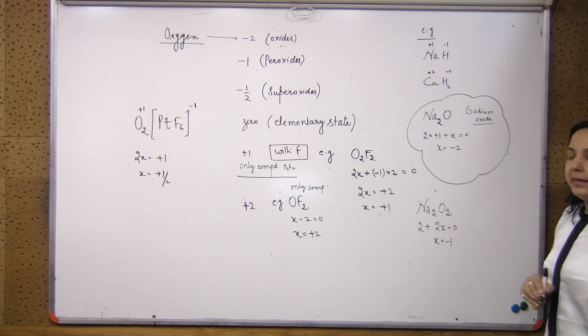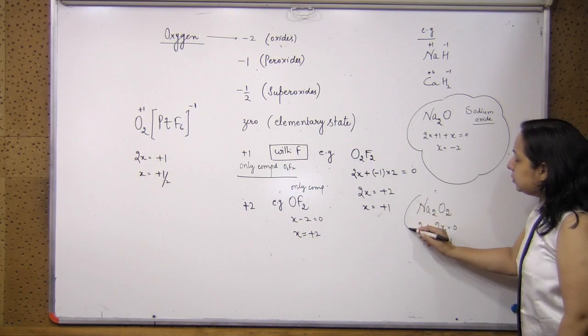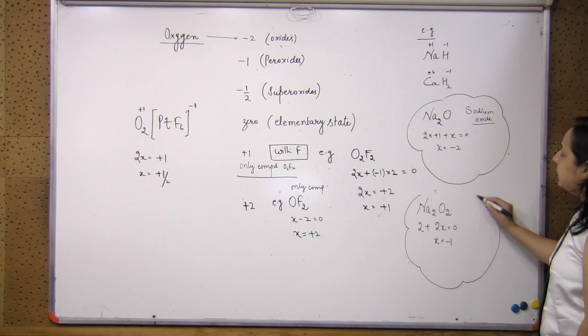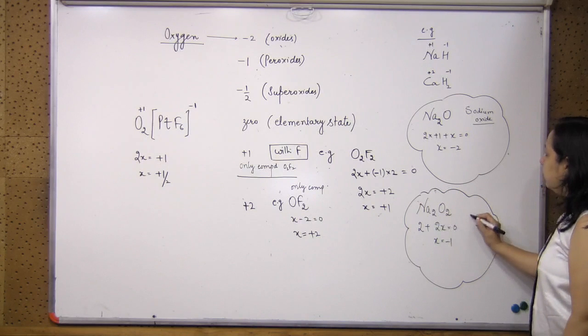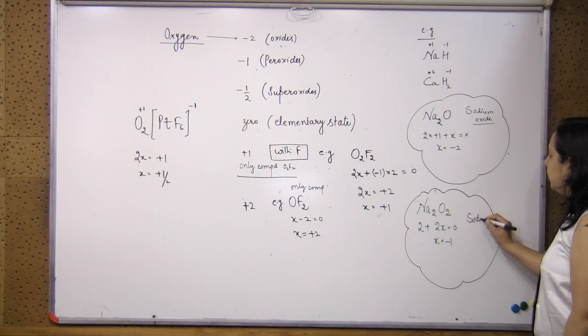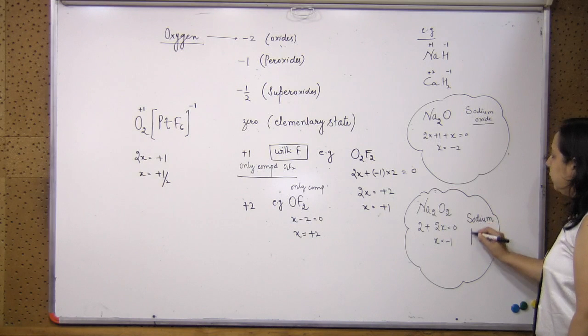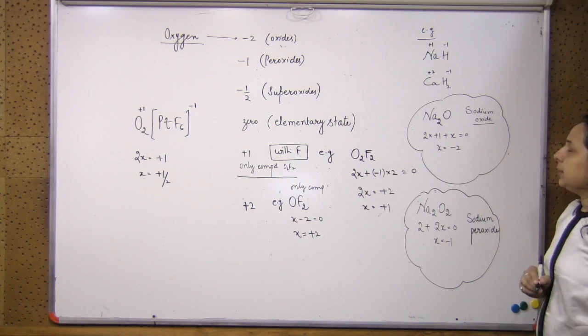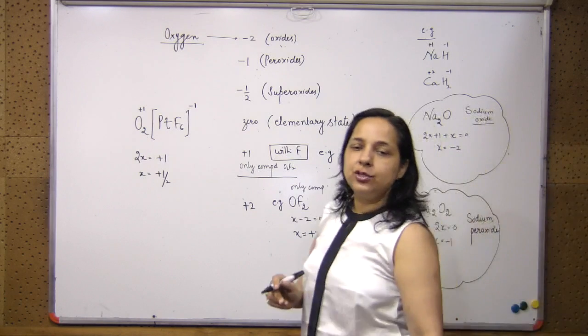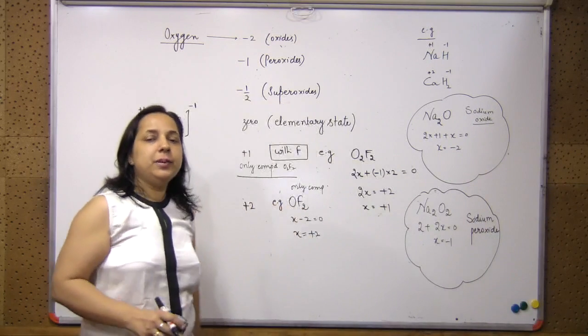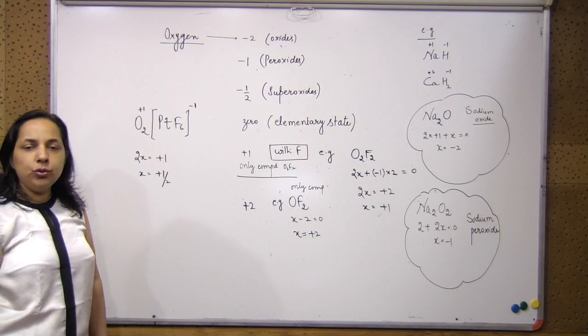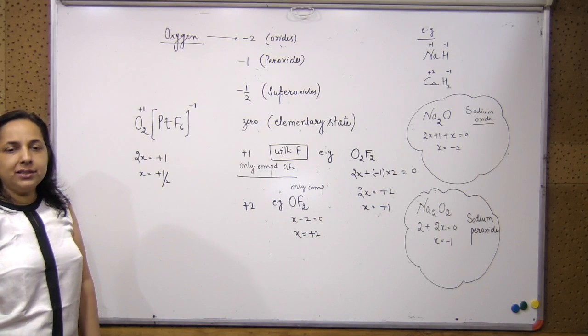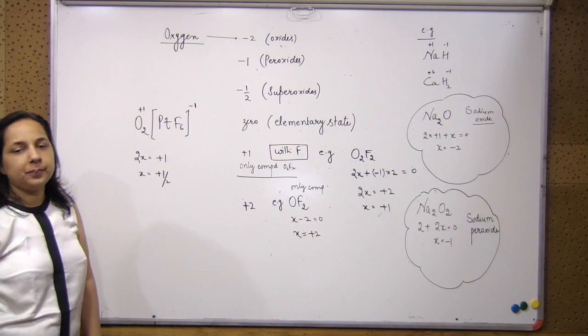When it is -1, it means oxygen here is -1. This compound is now named sodium peroxide. Sodium oxide and sodium peroxide. It means if sodium is known to us, we can know whether the compound is an oxide or peroxide.